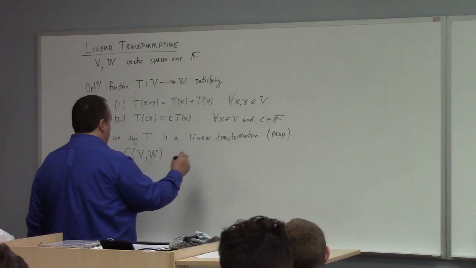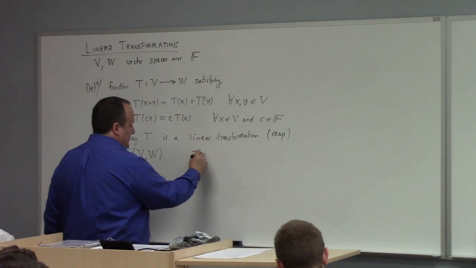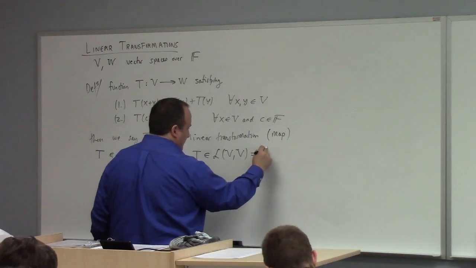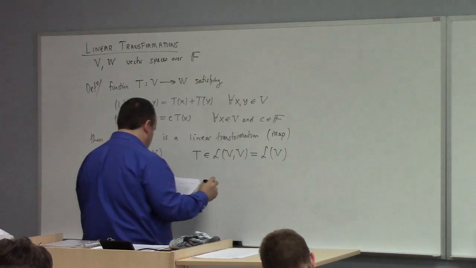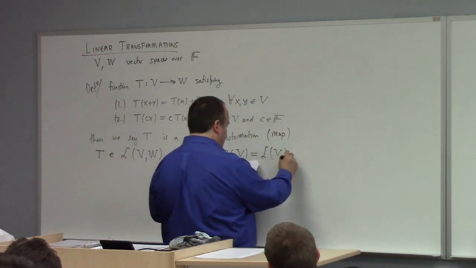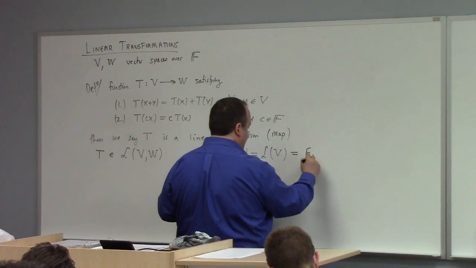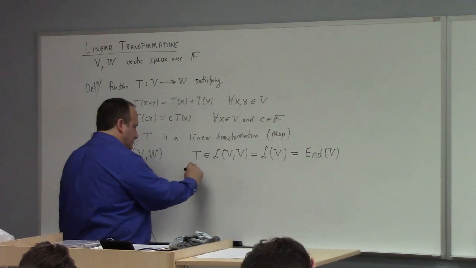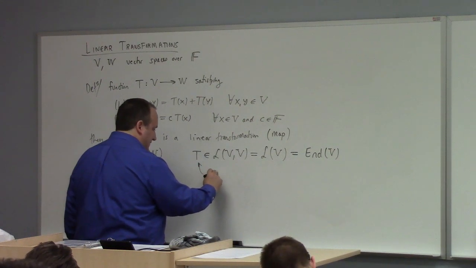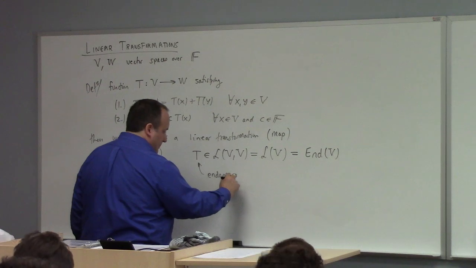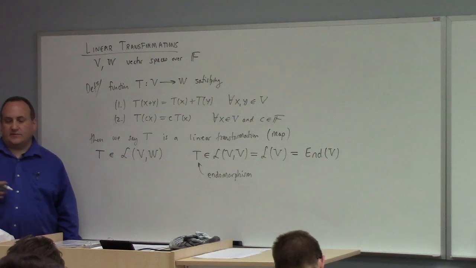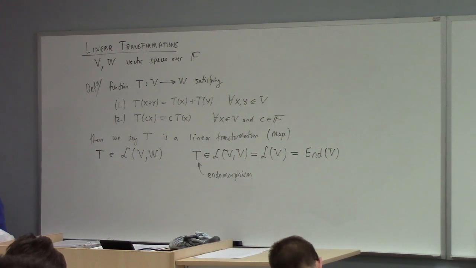We also write, if T is an element of the linear transformations from V to V, we'll also call that just L of V, or why have one notation or two notations when you can have three, and V. So such a thing is called an endomorphism, which is a fancy way of saying a linear transformation from a vector space back to the same vector space, all right?